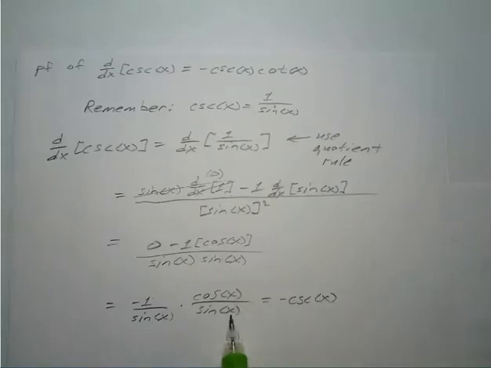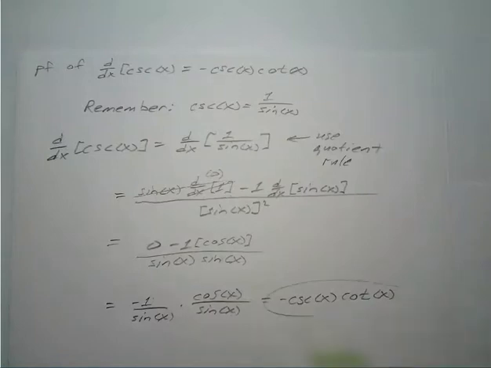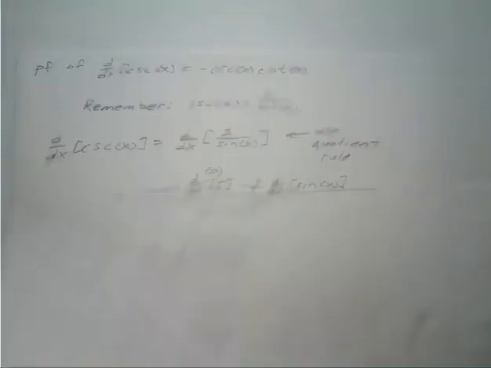And cosine over sine is cotangent, which matches up perfectly with what we have. All right, so if you are still writing, feel free to press pause. So now we're going to go ahead and jump right into our examples.